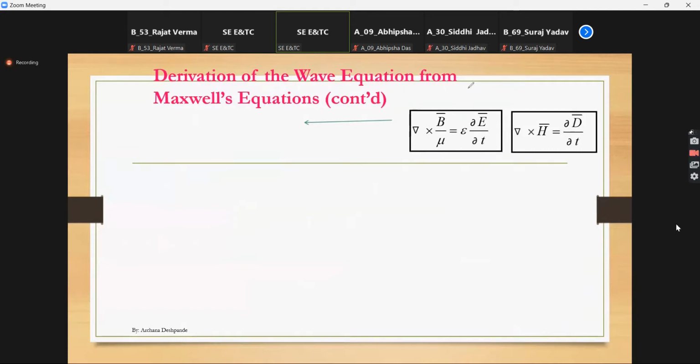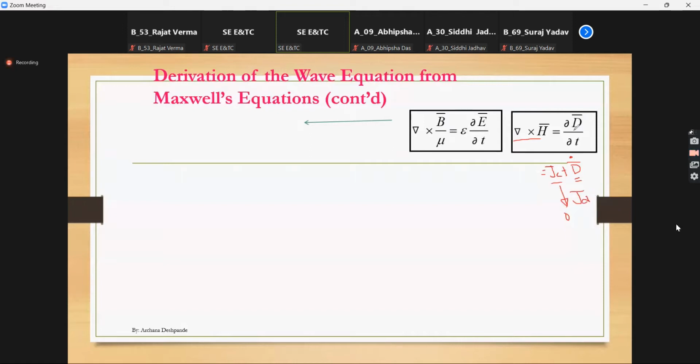What is curl of H? This is the fourth equation. Curl of H is going to be D bar dot. Now we are writing this equation in free space. We know curl of H is basically JC plus JD, but we are writing this equation in free space and therefore JC is 0. So curl of H is only D bar dot, which is nothing but JD, the displacement current density.